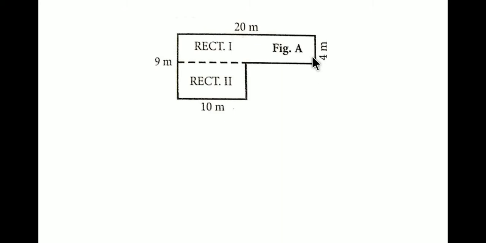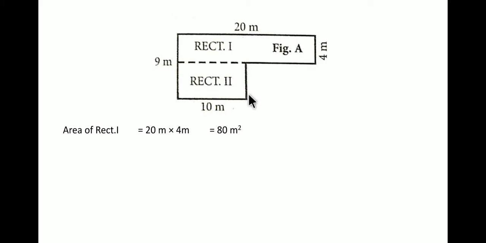We know that to find the area of a rectangle, we multiply the length with the width or breadth. So area of rectangle 1 is equal to 20 meters into 4 meters, which gives us 80 meter squared as the answer.